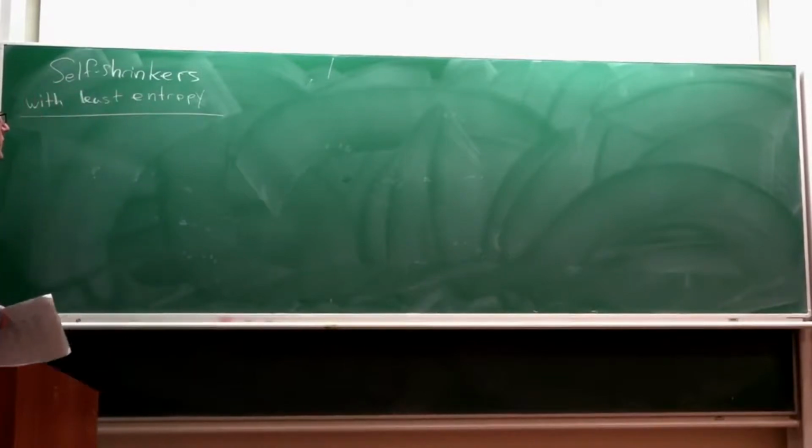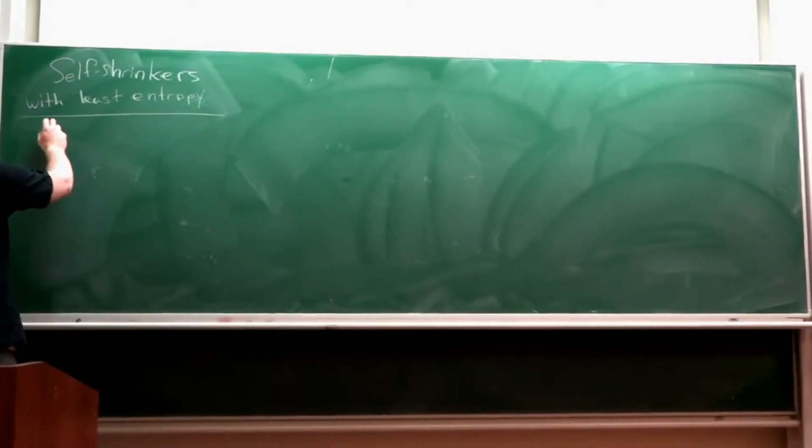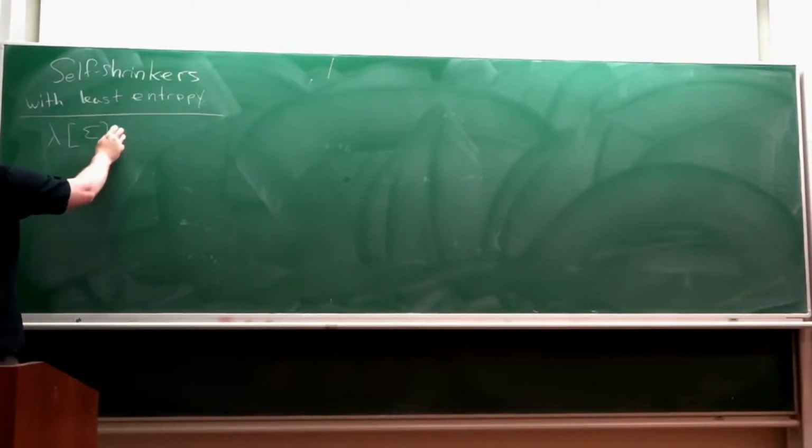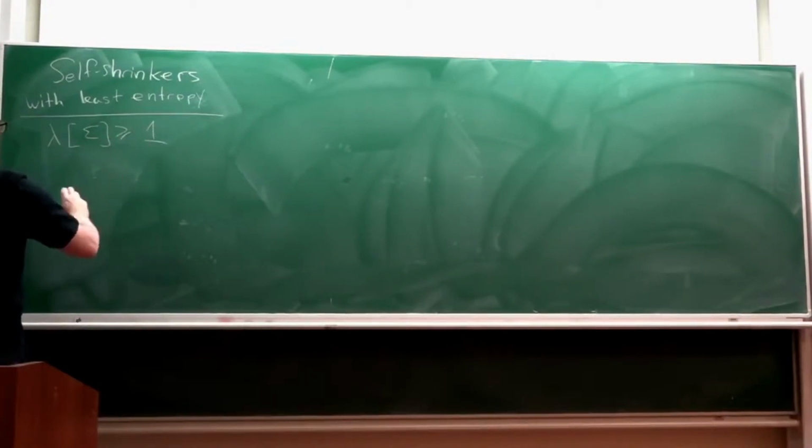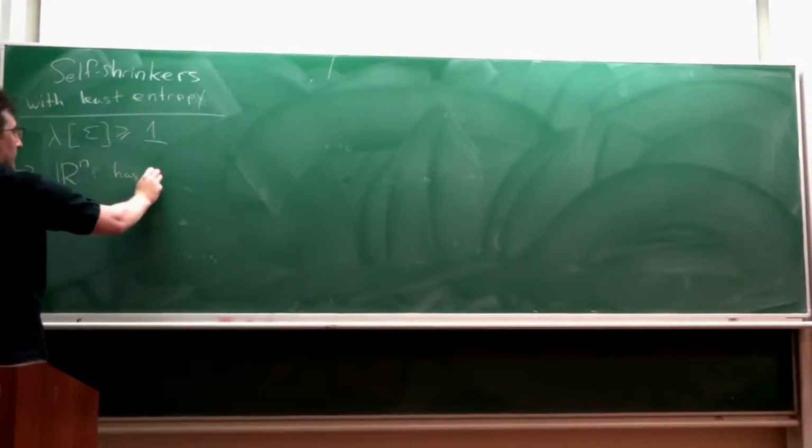So, as I mentioned, just very trivially, you can see that the entropy of any hypersurface is bigger than 1, so of course this implies that the flat plane has the absolute minimum.